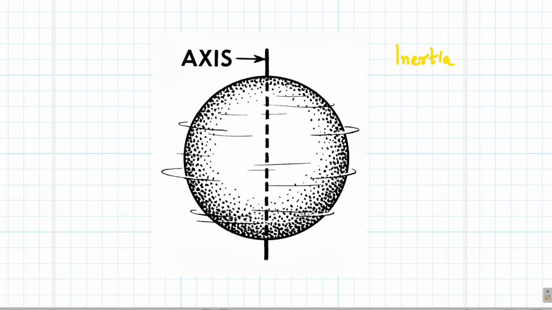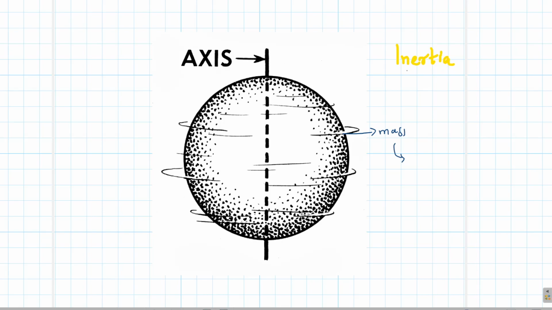From Newton's first law of motion, we know that when a body moves linearly, it experiences an inertia due to its mass. So the mass acts like a property of the body that opposes the change in motion.